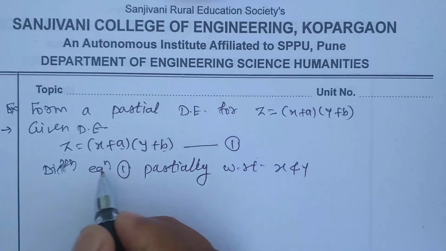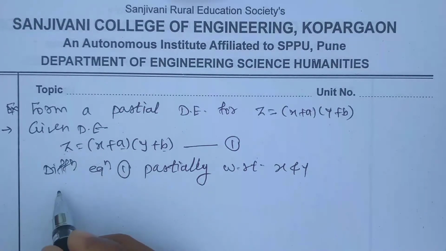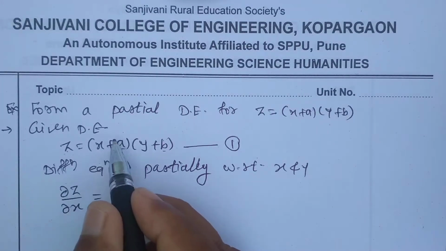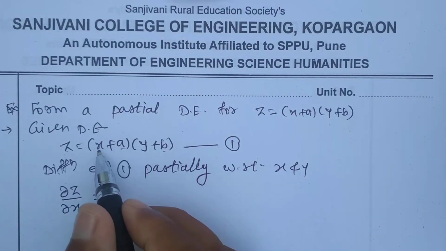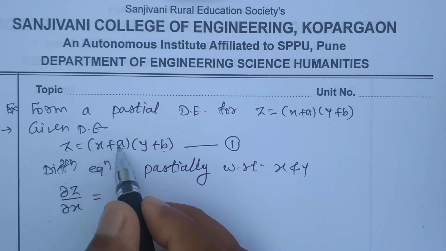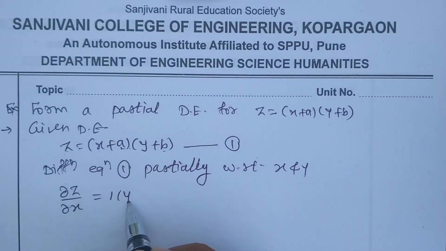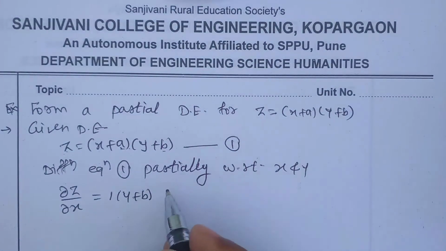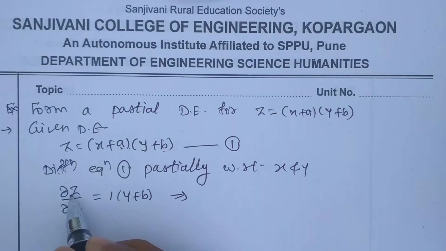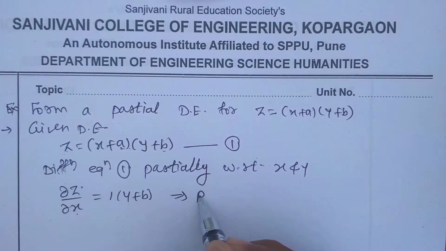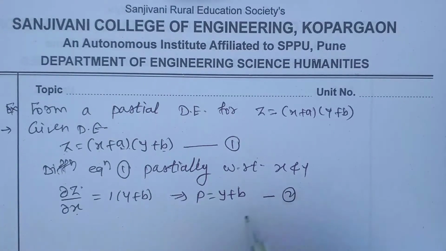First with respect to x, so the derivative of z with respect to x, that is ∂z/∂x, is equal to the derivative of (x plus a) with respect to x, which is 1, into (y plus b) as it is. This can be written as ∂z/∂x, that is p, equals y plus b. Call it equation number 2.